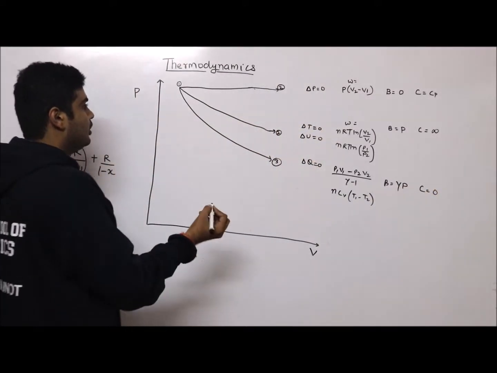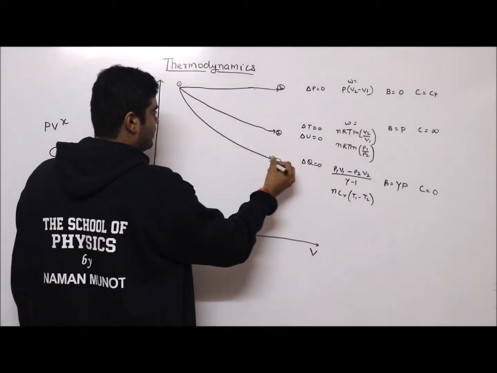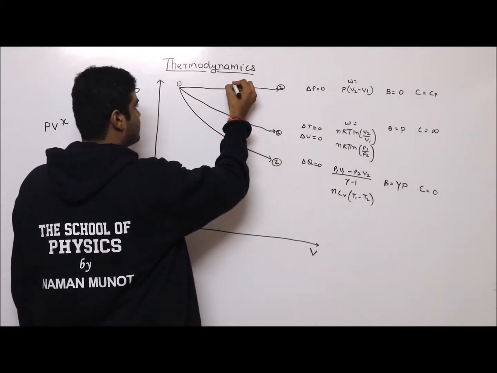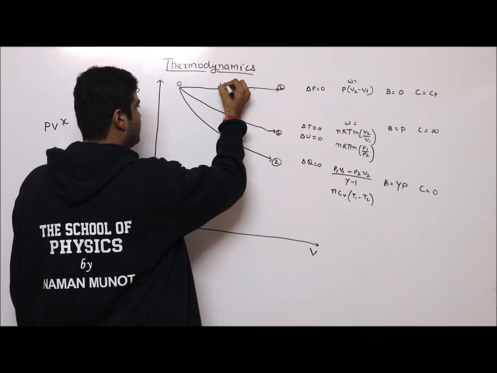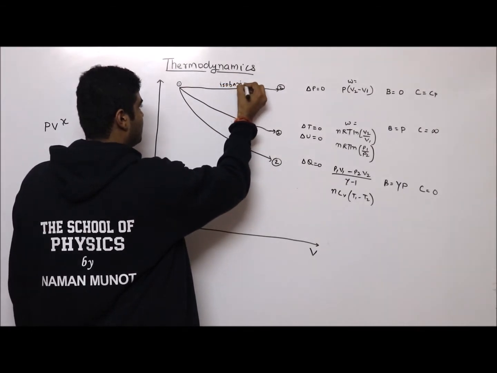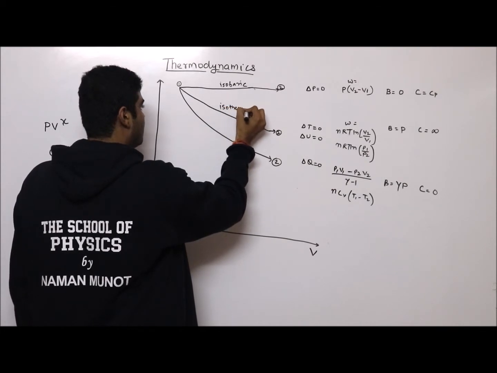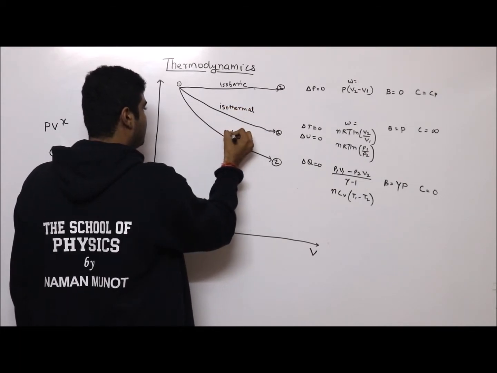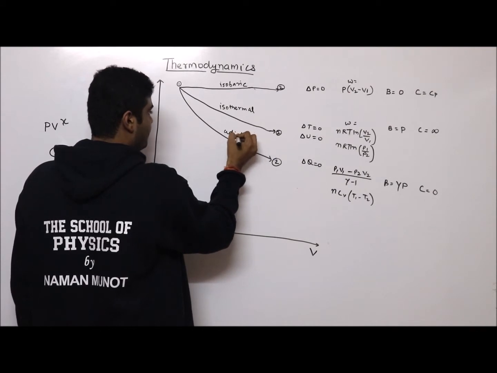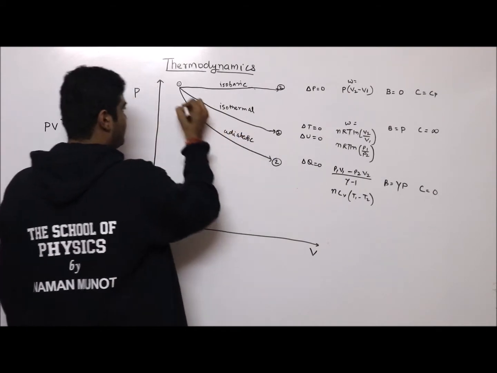The fourth work that we are going to see: this is isobaric, isothermal, adiabatic. Remember, the slope of adiabatic is always greater than isothermal.